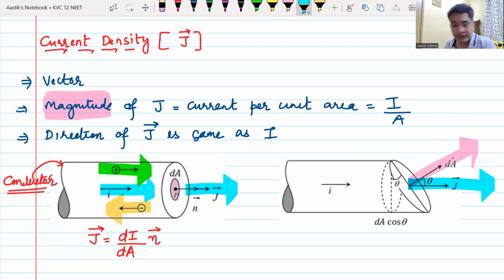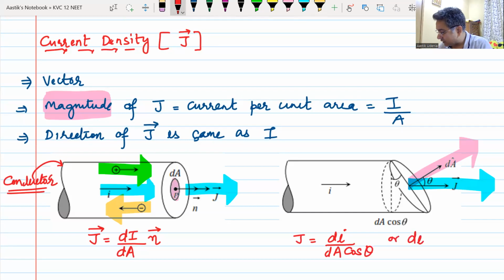Blue is the direction of current density vector. In this case, the magnitude of current density will become dI divided by dA into cos theta. Or you can write small current dI is J into dA cos theta.